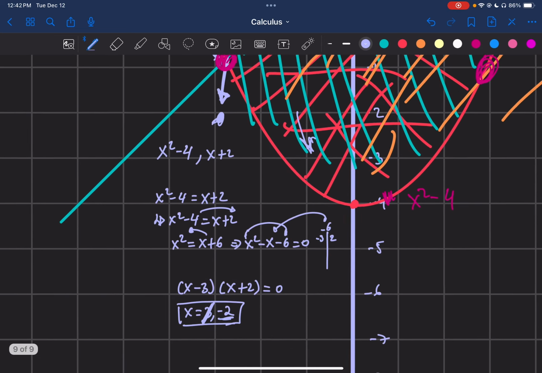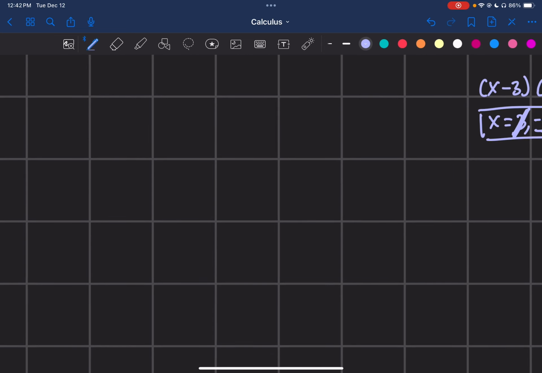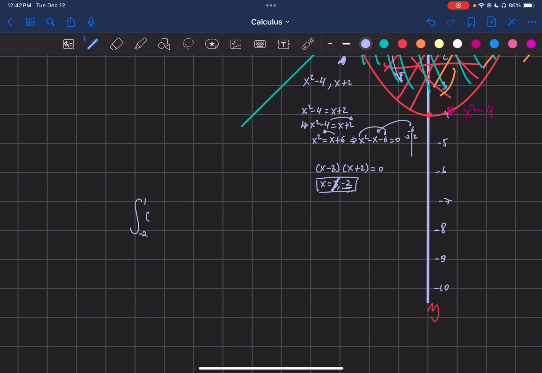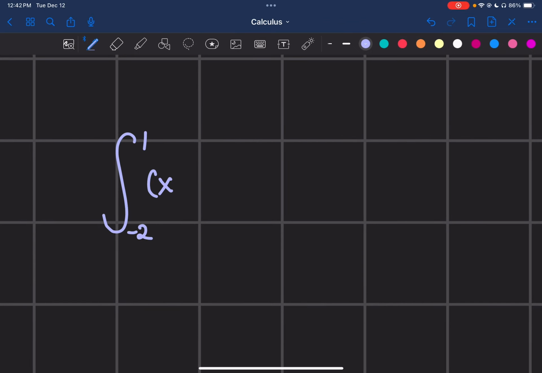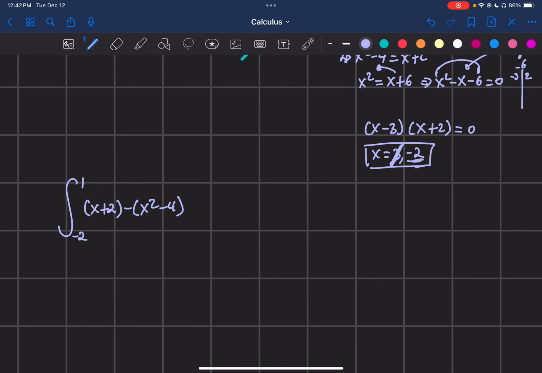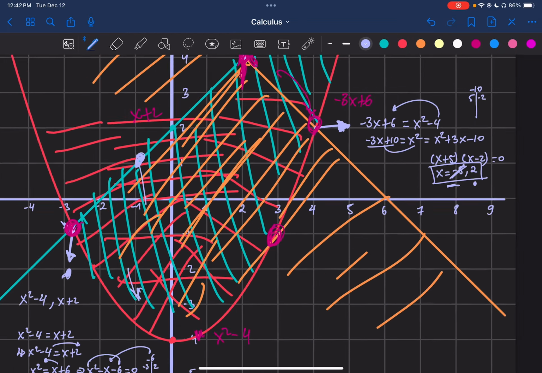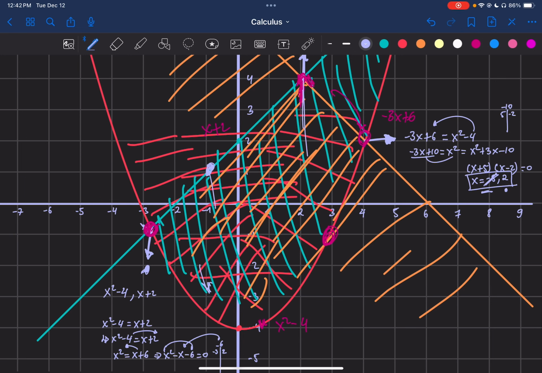So I'm going to set up my equation. I want to find the integral going from -2 to 1 of what? The line above minus the line below. So the line above is x plus 2, and the line below is x squared minus 4. I want to find this area, and add it with the other side, which is this one.